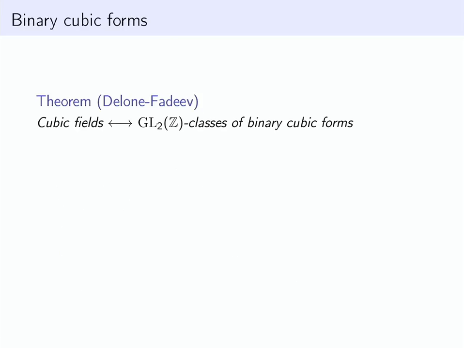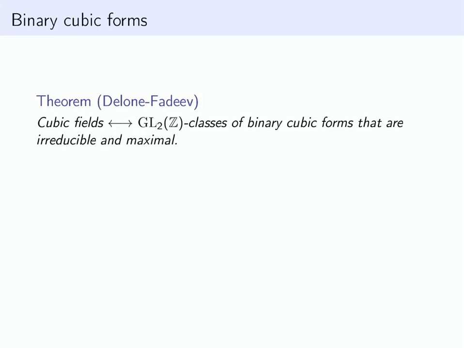But not all binary cubic forms arise in this way. You need to restrict to those that are irreducible and maximal. Irreducible means you're actually getting cubic fields. Maximal is a condition that ensures you're counting the maximal order in a cubic field, or equivalently, that you're counting each cubic field exactly once.